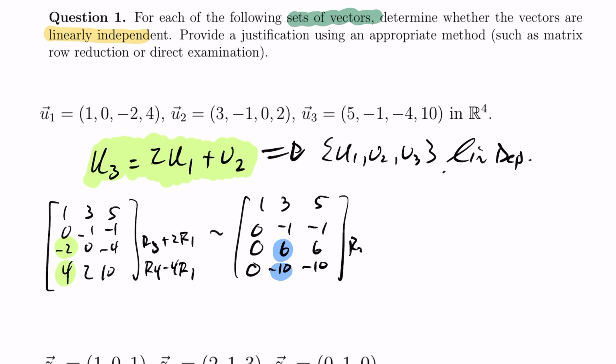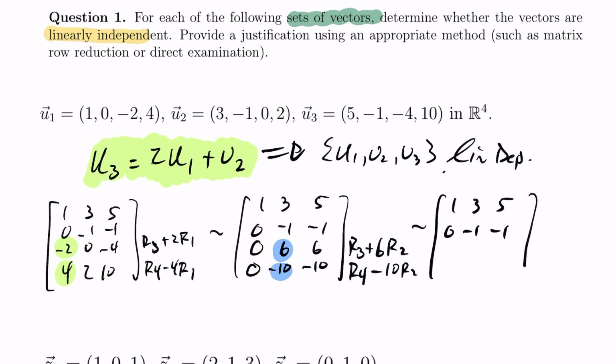To do that, I'm going to take row 3 and add that to 6 times row 2. I'm going to take row 4 and subtract 10 times row 2. Going through that, I end up getting 1, 3, 5, 0, -1, -1. And here we get 0, 0, 0 for that row. And likewise here, subtracting this, you're going to get 0, 0.